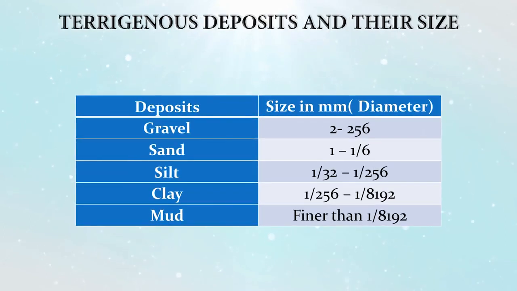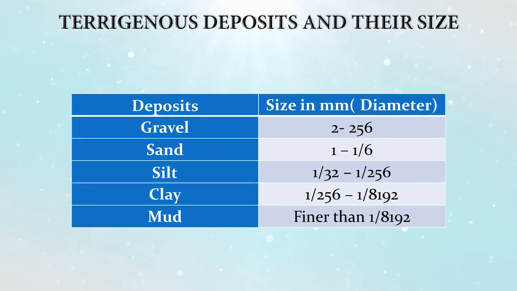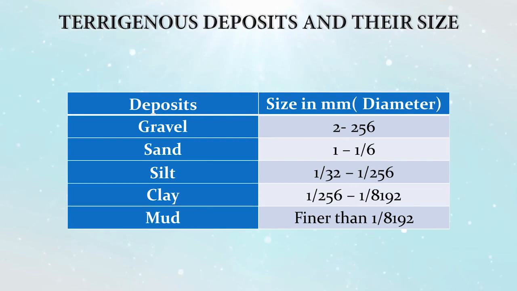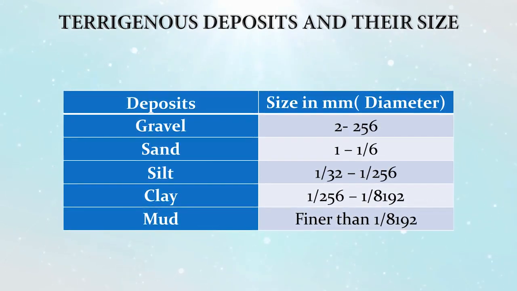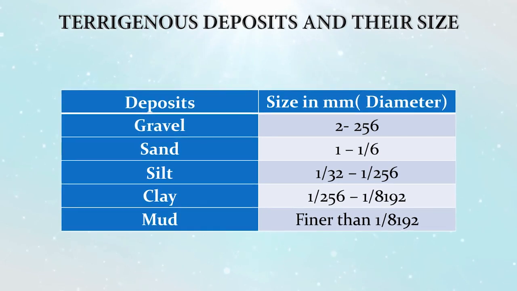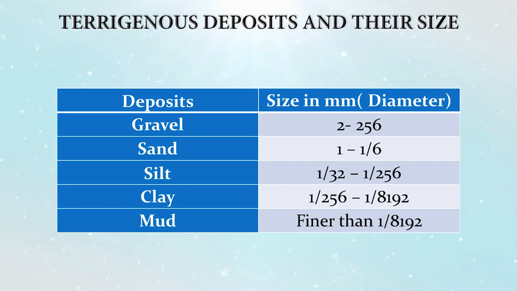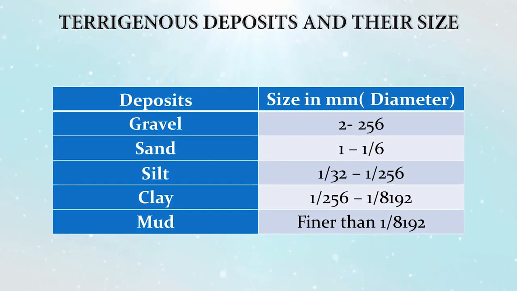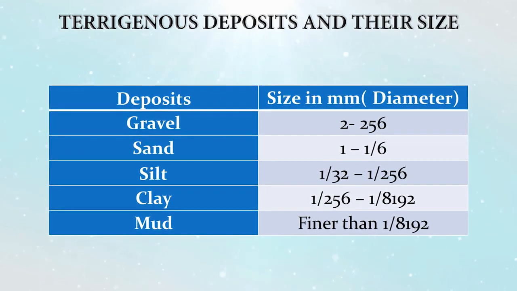In this table, you can see the size in diameter of the different terrigenous deposits. Gravel has the highest diameter, which ranges between 2 to 256 millimeters, and mud is the finest among them, whose diameter is even less than 1/8192 millimeters.